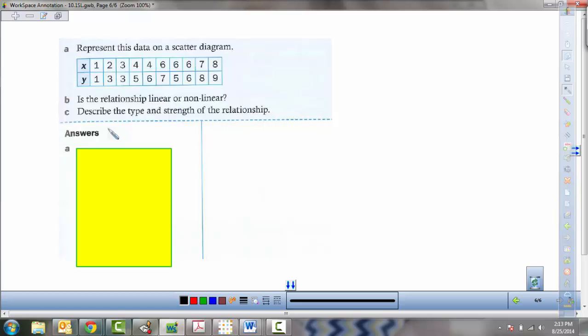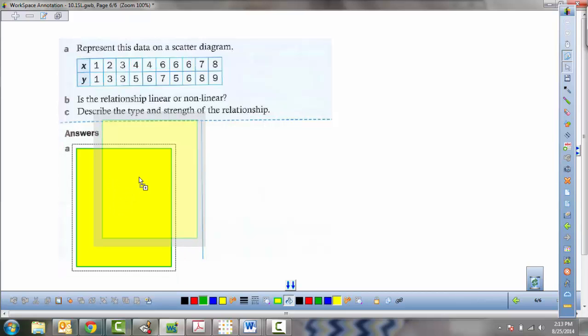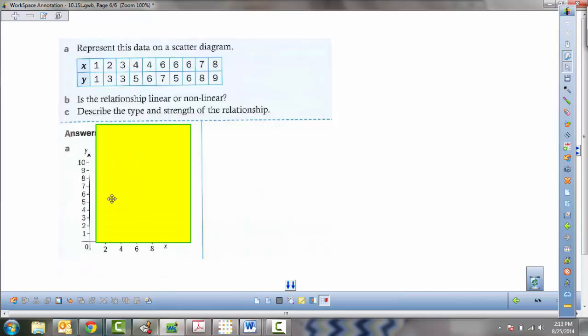And then we're going to identify the type and strength of this relationship, if indeed it is linear. So we should have our x and y axes, and we really only need quadrant 1. And we plot these points. So pause the video and create a very nice, clear scatter diagram on your page.